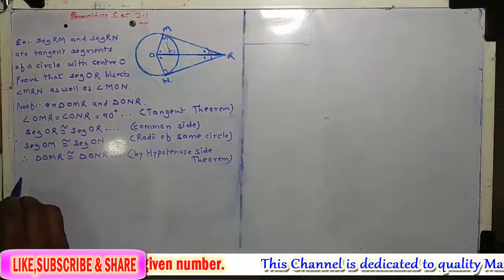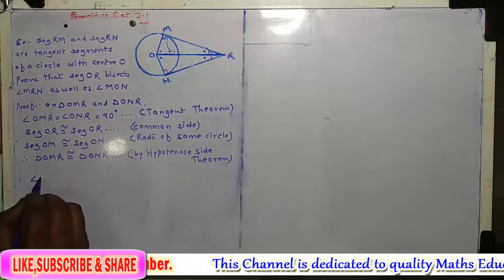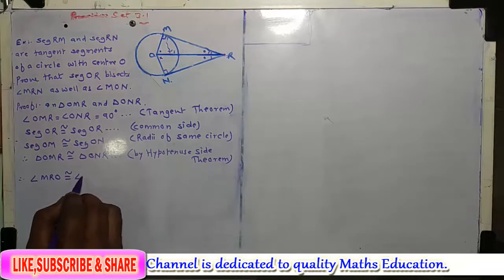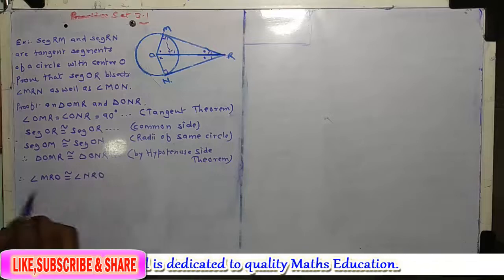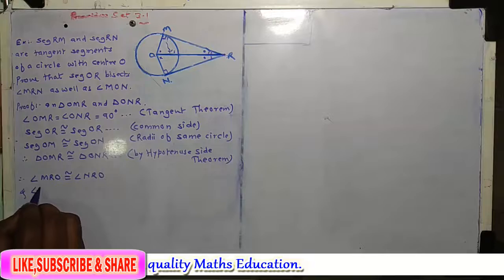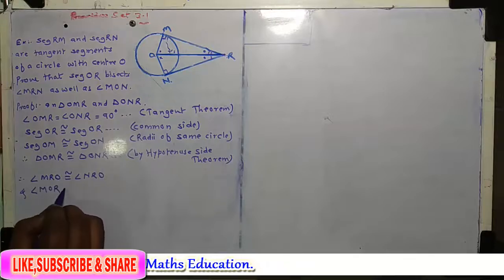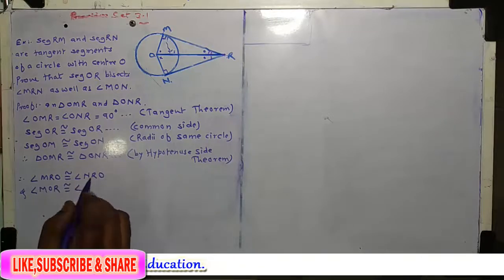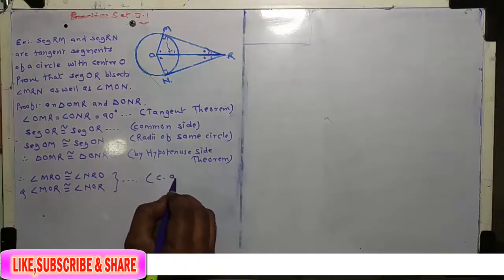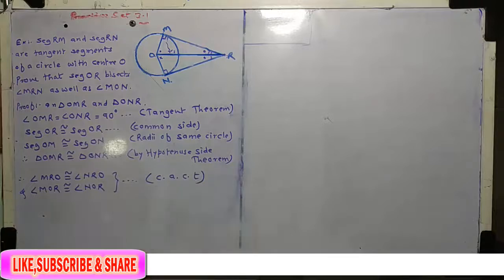Okay. And therefore angle MRO is congruent to angle NRO, and angle MOR is congruent to angle NOR. For both, the reason is corresponding angles of congruent triangles. Okay.